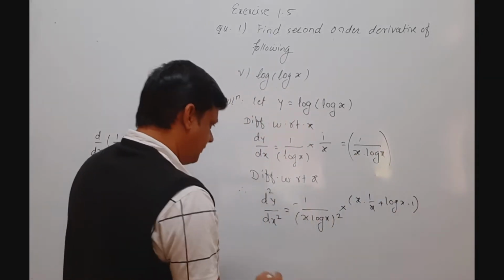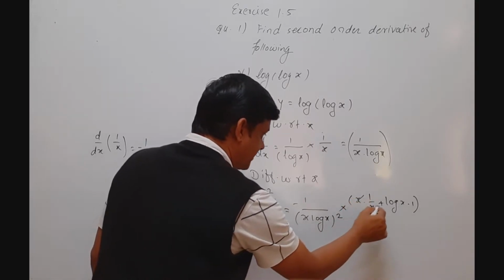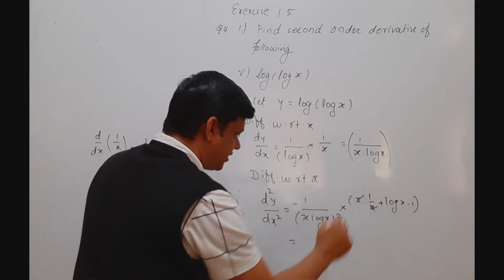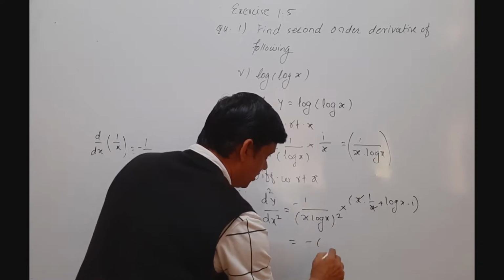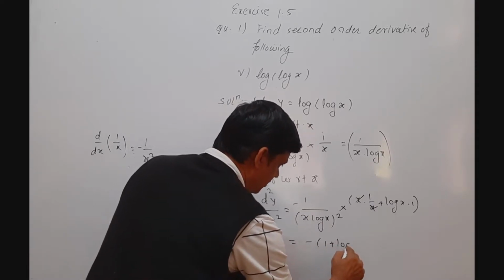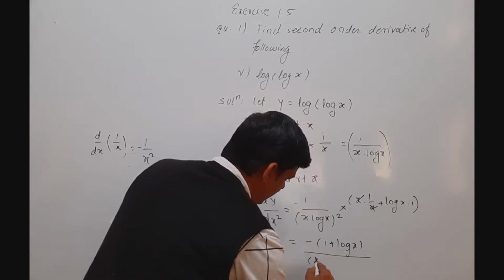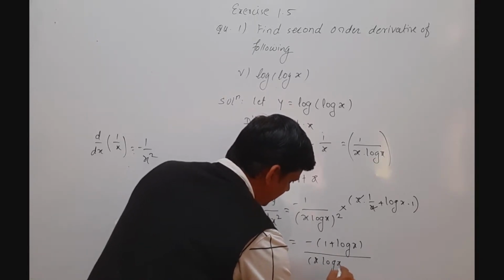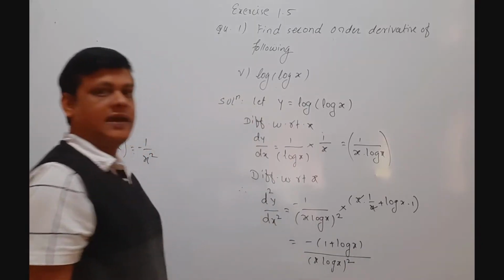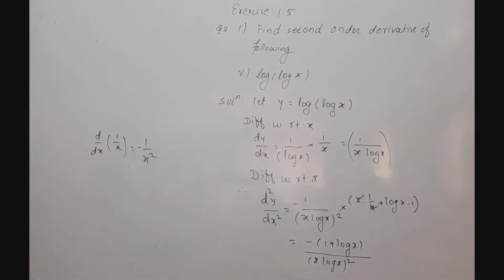So we get here this x and x get cancelled, we write 1 plus log x in the numerator. So minus, in bracket 1 plus log x upon x log x, its bracket square, as the derivative of the given function, which is the second order derivative.